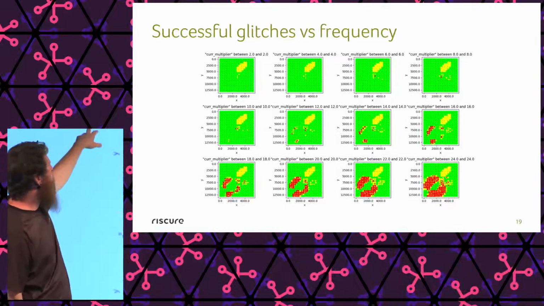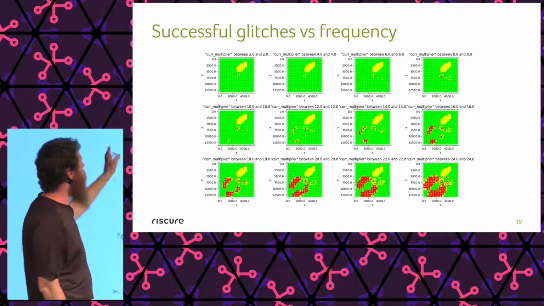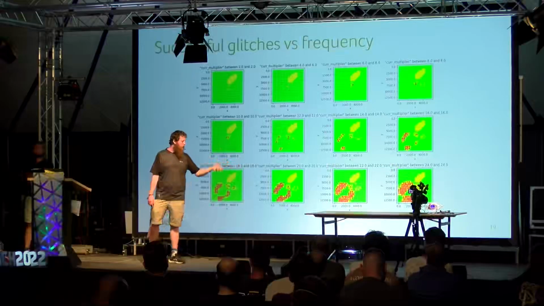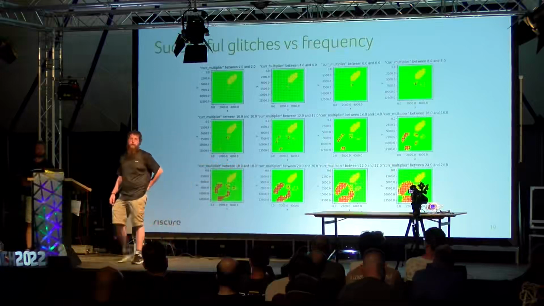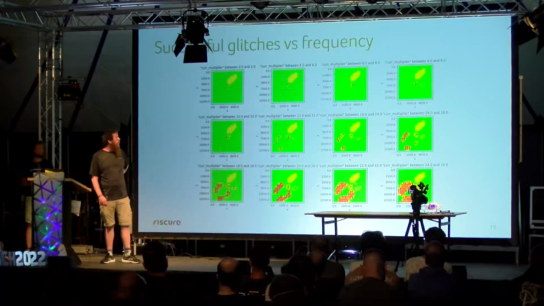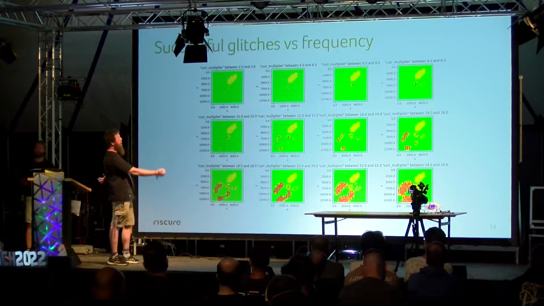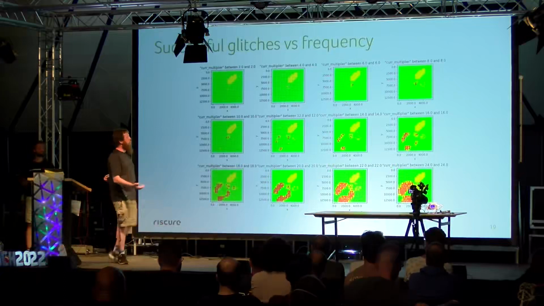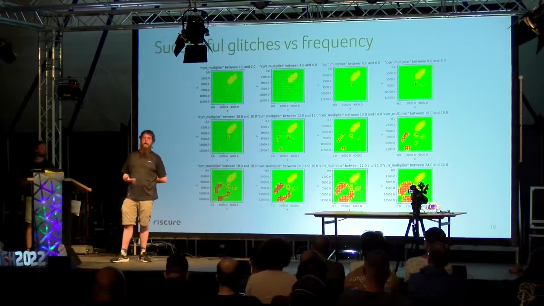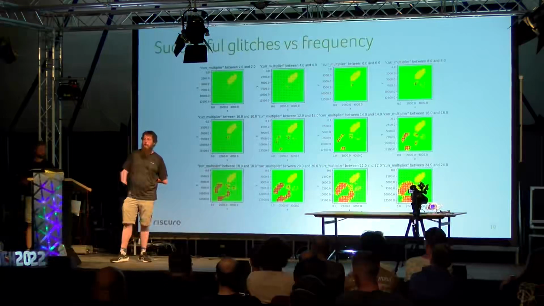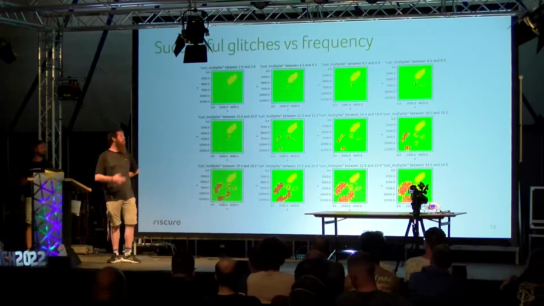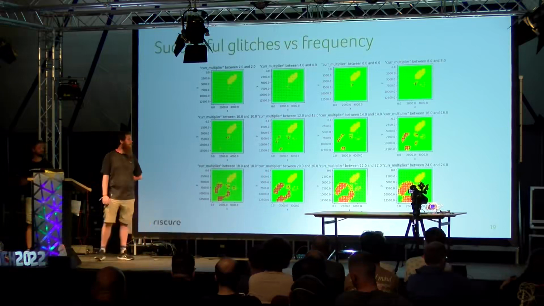The top left is the slowest speed, which is roughly 140 megahertz, and the bottom right is the fastest speed that we were looking at, which was 1.2 gigahertz. And so we can see by the number of greens, the number of reds, and yellow, which is not relevant for us, there is a very clear correlation between how fast the chip is running and how easy it is to have a noticeable effect on the chip without crashing it. So something that could be useful from a security point of view.